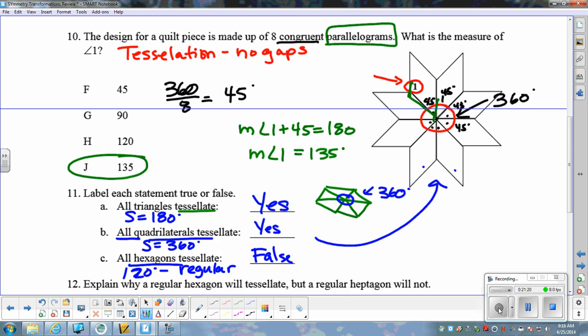The reasoning is that only if it is regular will it tessellate and have a factor of 360 degrees. So only if it is regular. Because the sum, once more, of a hexagon is 720 degrees. So it has to be specifically regular in order for that to work.